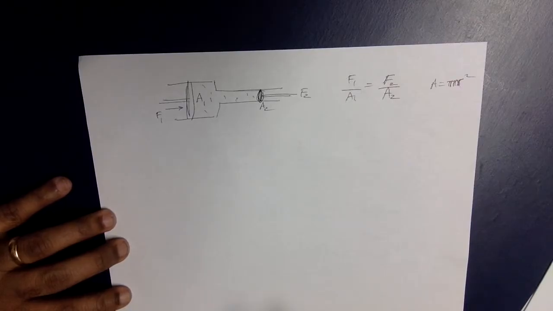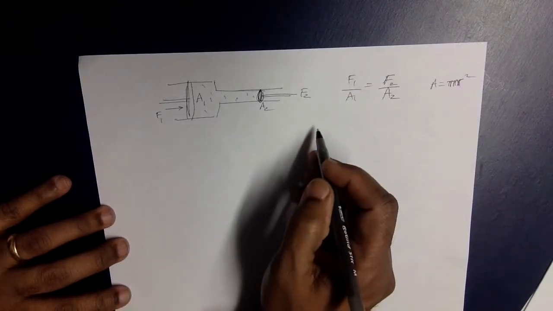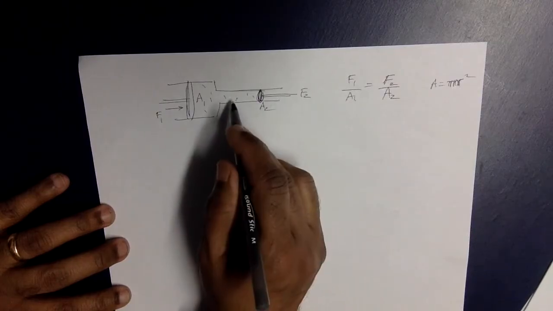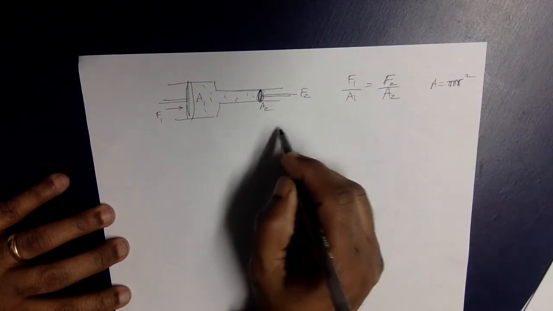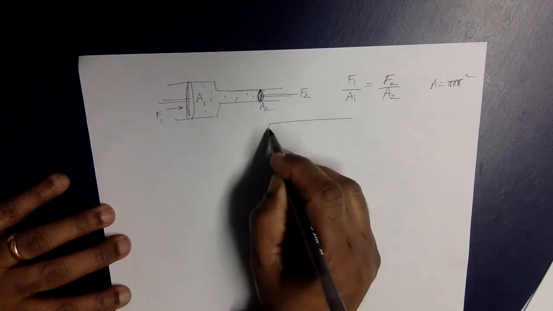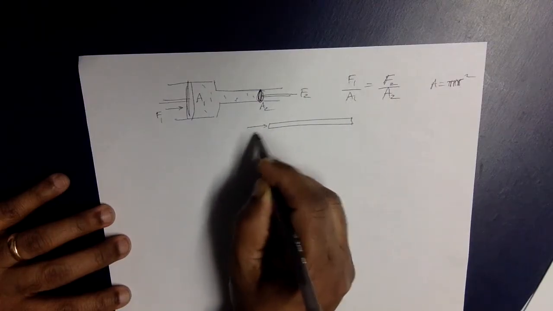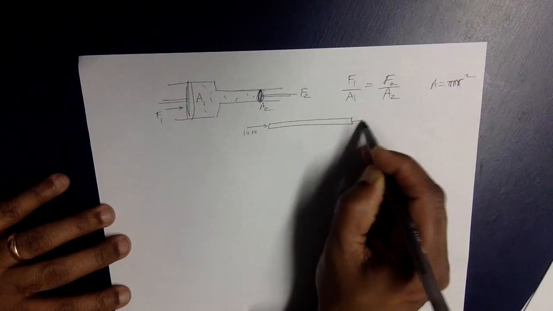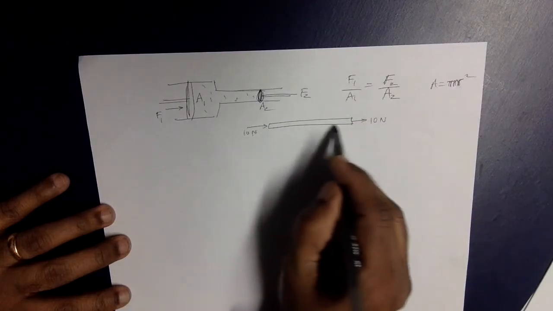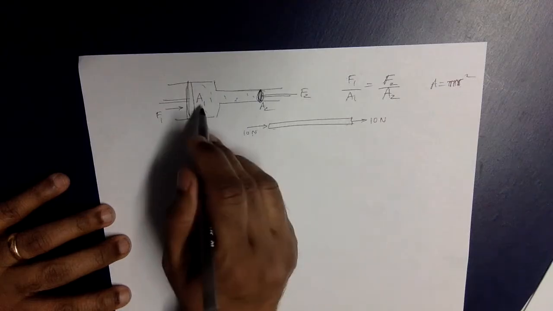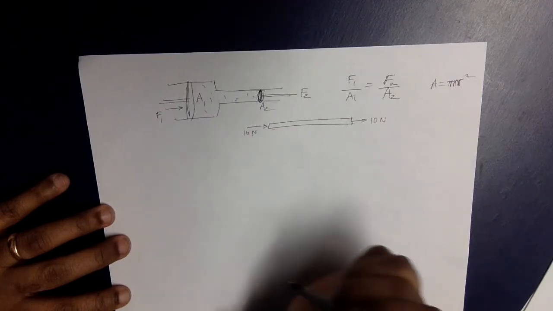A solid transmits force, whereas a fluid transmits pressure. So if I take a meter stick, and if I push the meter stick from here at 10 newtons, the force that is felt over here is also 10 newtons. That is, a solid transmits force, but a fluid transmits pressure.